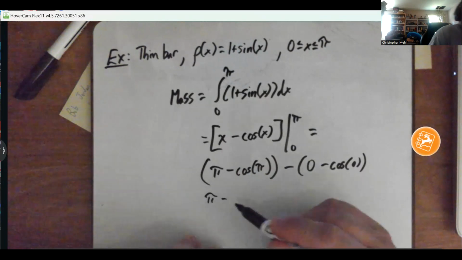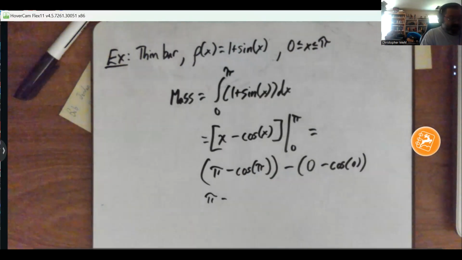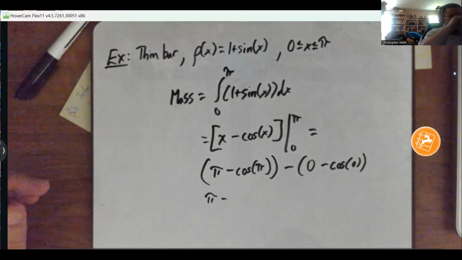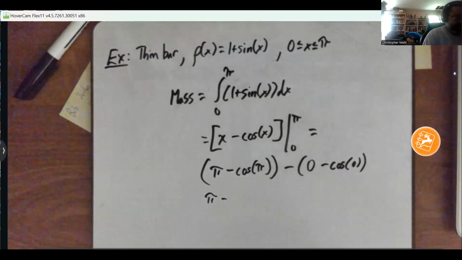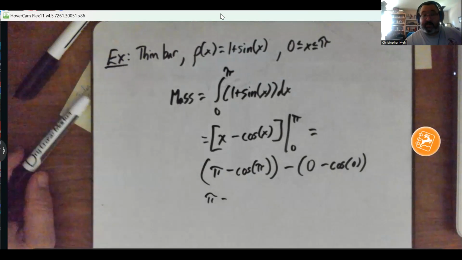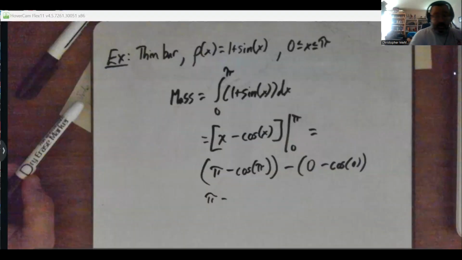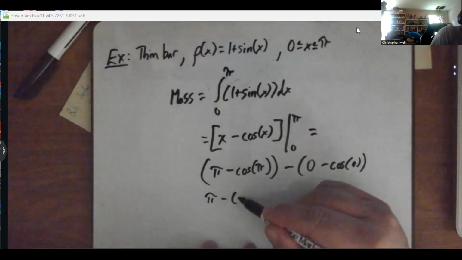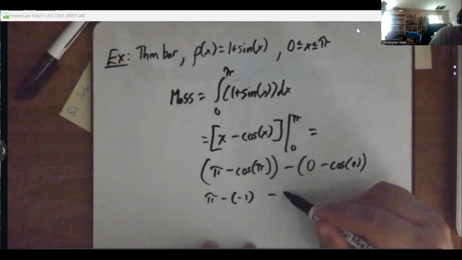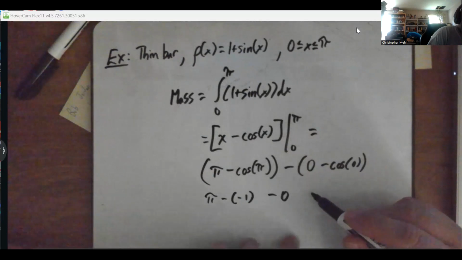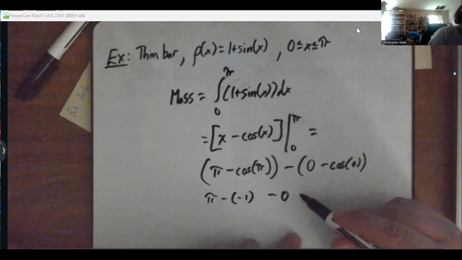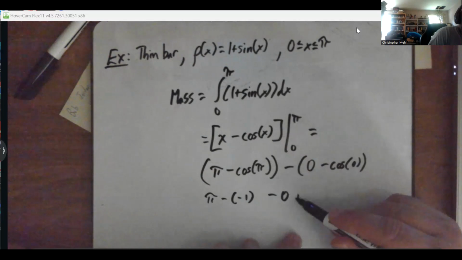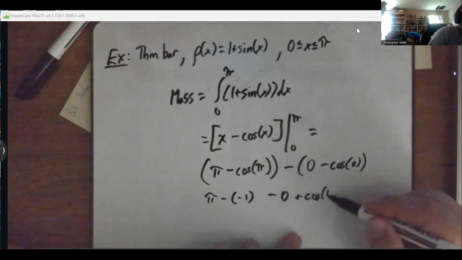Cosine of pi is -1, so this is pi plus 1, minus 0 minus cosine of 0, so this becomes plus cosine of 0.